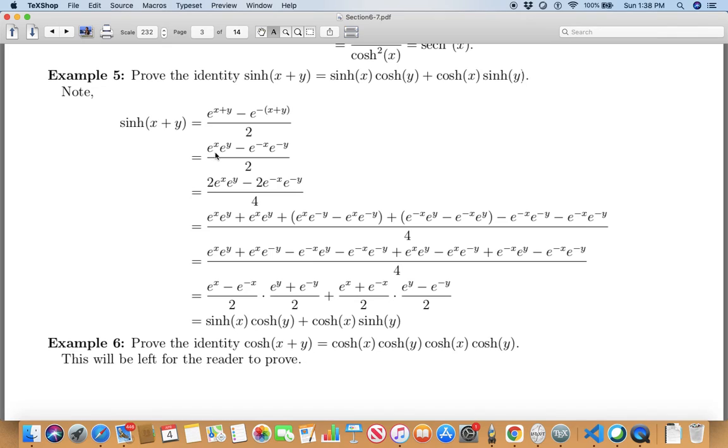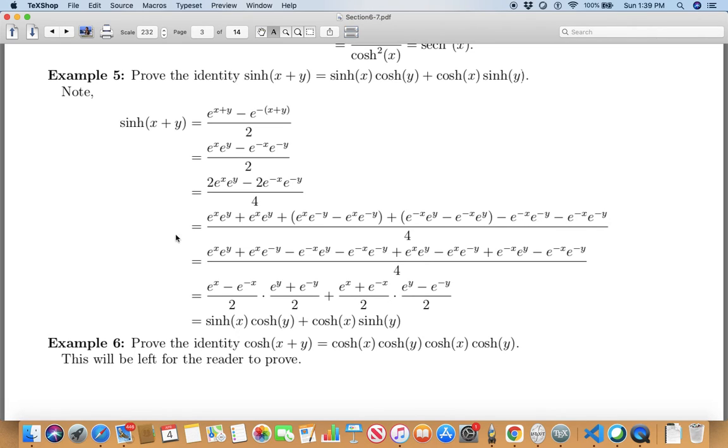So 2 distributes to the top, and 2 multiplied to the bottom is 4. All I have is the same expression as above, except I have multiplied the numerator by 2 and the denominator by 2. Now, why would I do that? The 2 e raised to x, e raised to y, I've written as e raised to x, e raised to y plus e raised to x, e raised to y. Likewise, negative 2 e raised to negative x, e raised to negative y, I've written as negative e raised to negative x, e raised to negative y, twice.